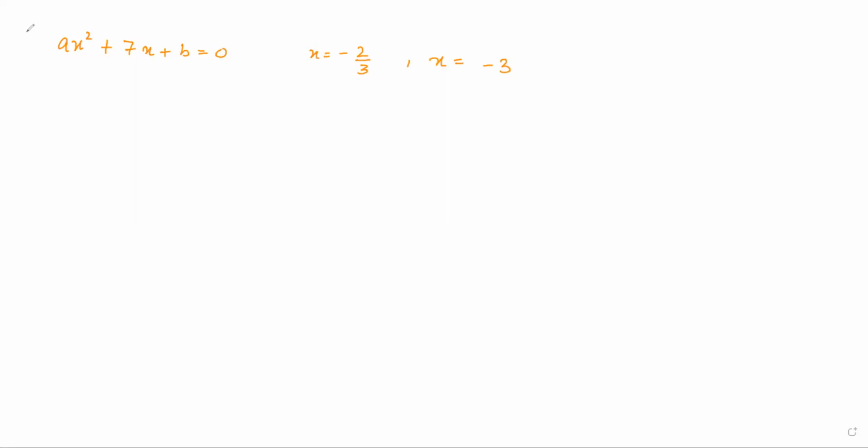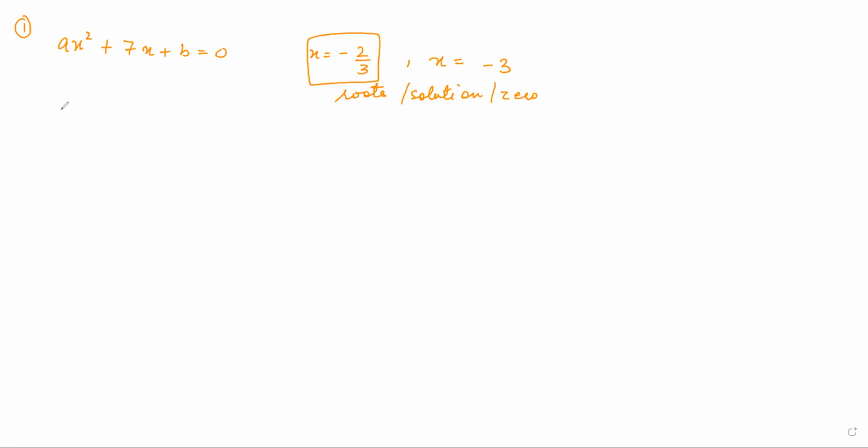Okay. So these are the roots, right? So that means these values of x should satisfy the equation, isn't it? Roots means solution. Root or solution you call it, or zero, we also call it zero sometimes. So they are same things. That means it is going to satisfy the equation.